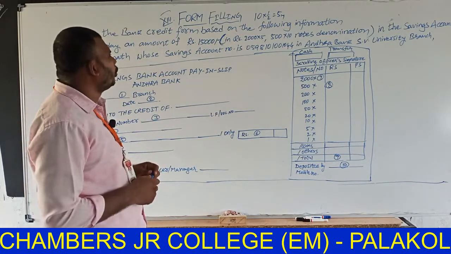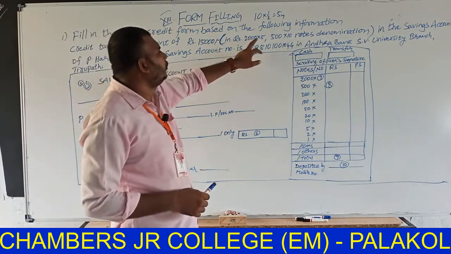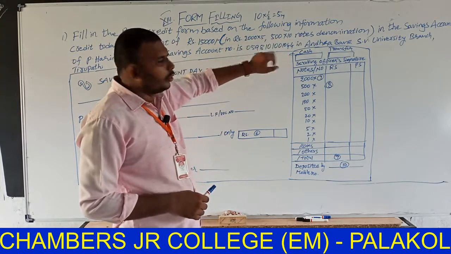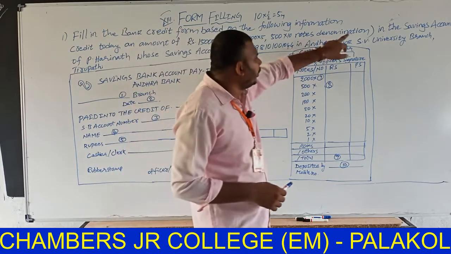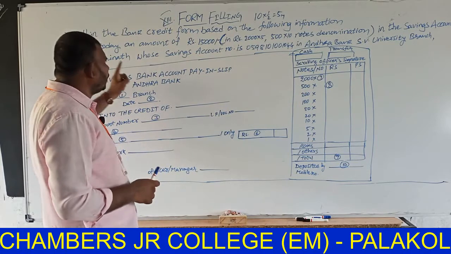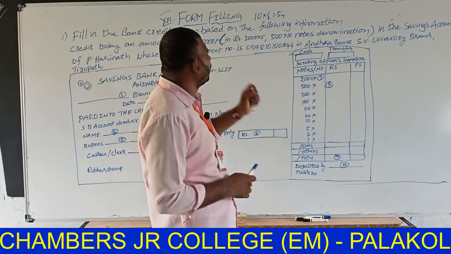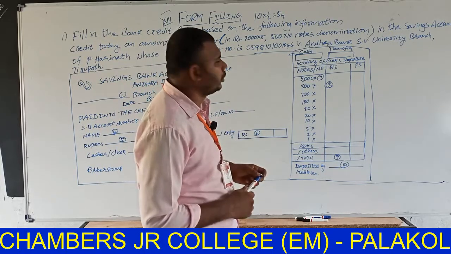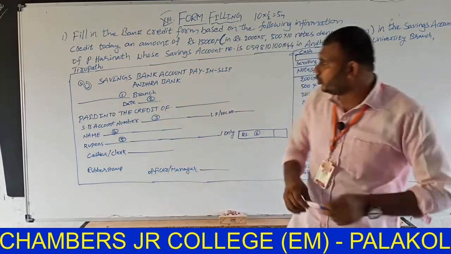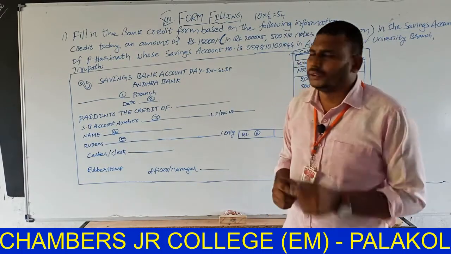Credit today an amount of 15,000 rupees in denomination of five 2,000 rupee notes and ten 500 rupee notes in the savings account of P. Harinal, whose savings account number is 0598101001044 in Andhra Bank, SB University branch, Tirupati.